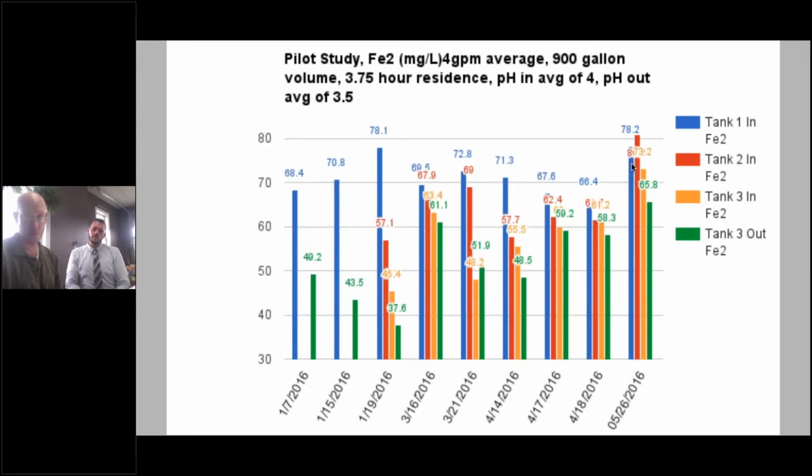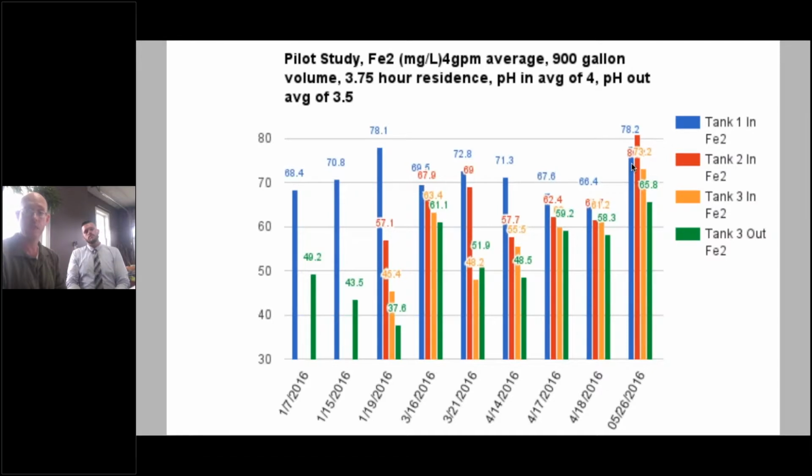It was time to clean the system out. That's been the broad-based determination: if you start seeing a major drop-off in treatment within an organic matrix, 3-dimensional matrix system like this, you should have cleaned it out about a month ago, 2 months ago in this case. And that's what that means.